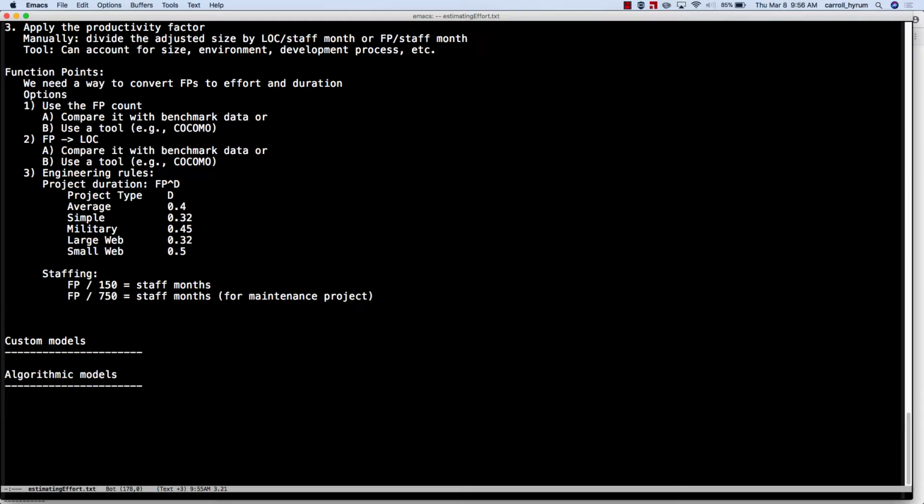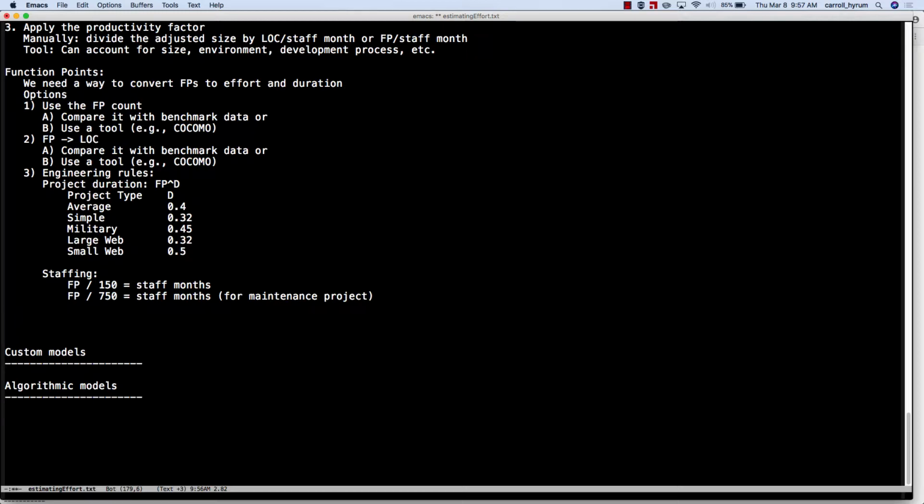You can divide it by 750 if you're just maintaining it. So for five times the function points, you need one-fifth the staff for a maintenance project versus a development project. So that's an easy back of the envelope: how many staff should this project take?